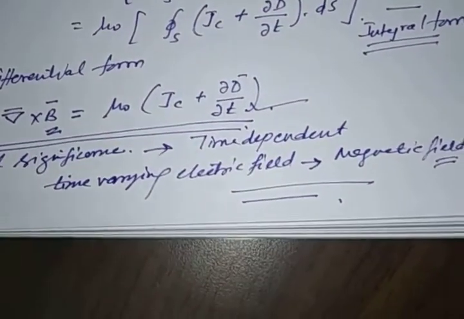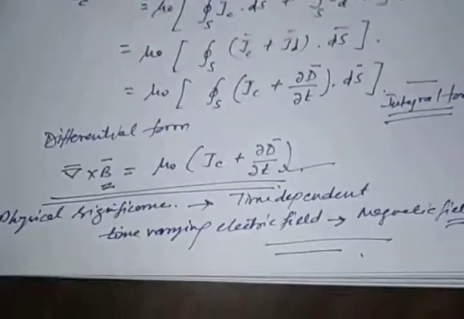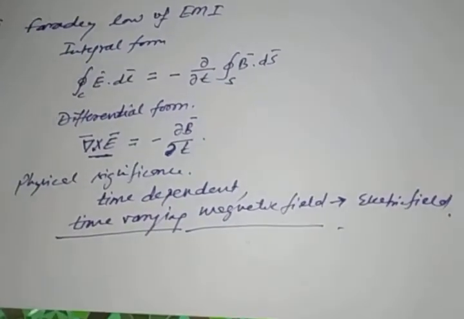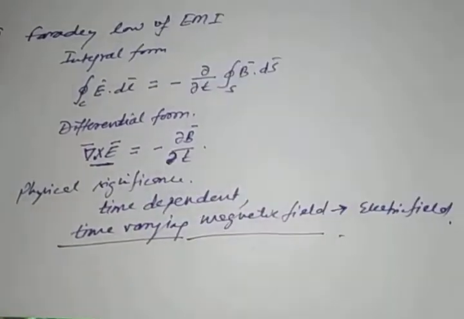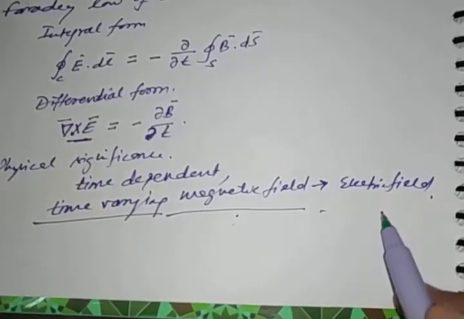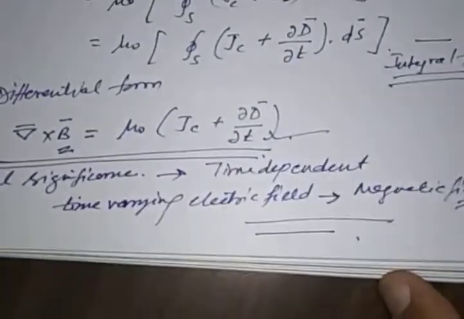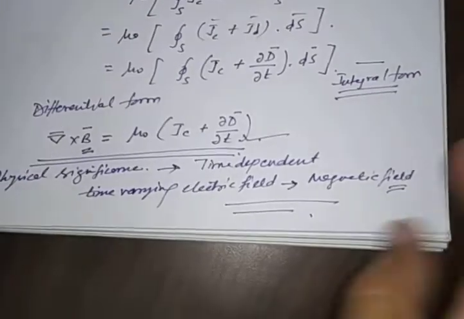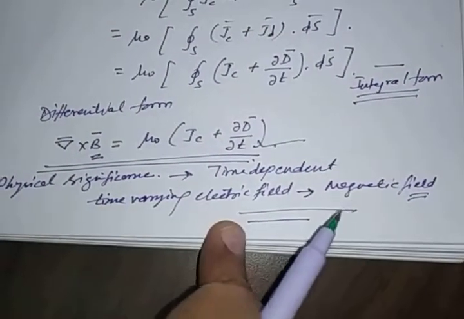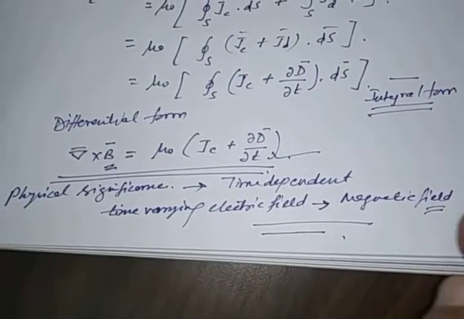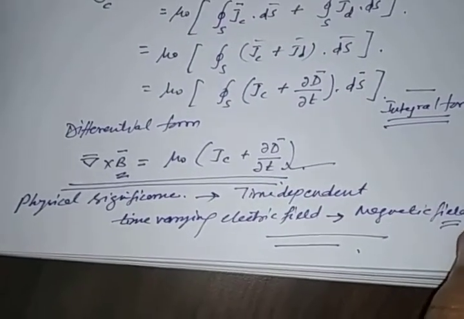So this needs to be understood in a proper manner: in the third Maxwell equation, time varying magnetic field is producing equivalent electric field, but in Maxwell fourth equation, time varying electric field is producing equivalent magnetic field. So these things need to be understood in a proper manner.